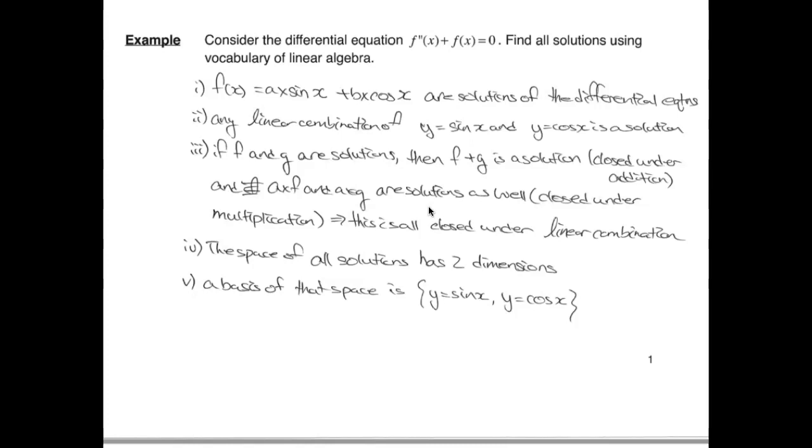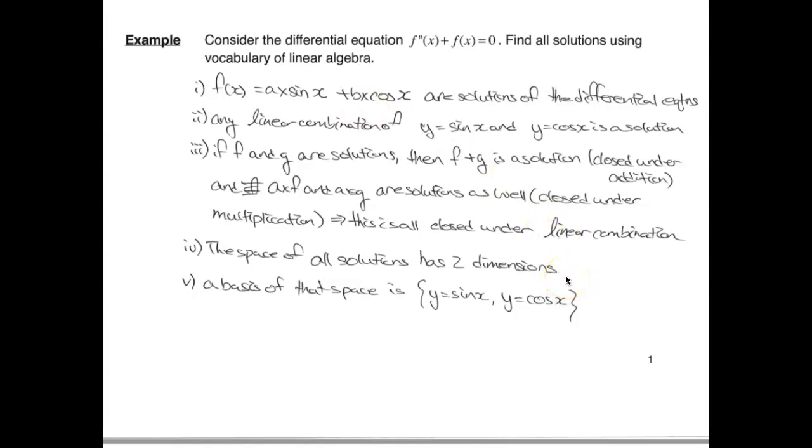Like I gave the example earlier of sine x, if you multiply it by 5 sine x is also a solution. So it's closed under multiplication. And you can say these two things in one to say that it's closed under linear combinations. So basically you can multiply any solution by a scalar, a or b, and you can add these together as well, and it will still yield a solution.